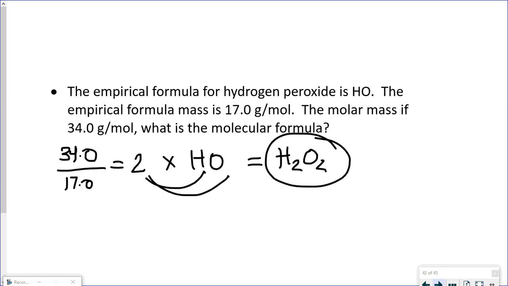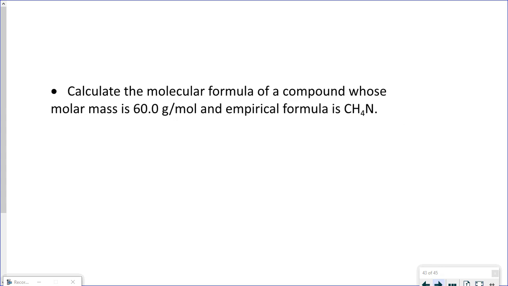Let's look at another sample with these. Here we want to calculate the molecular formula of a compound whose molar mass is 60 grams per mole, and the empirical formula is CH4N. So here we were not given both masses, but we were given the empirical formula. So we can set this up the same. We have our molar mass on top, the 60 grams per mole. It did not give us the empirical mass, but we can find that just like we would molar mass.